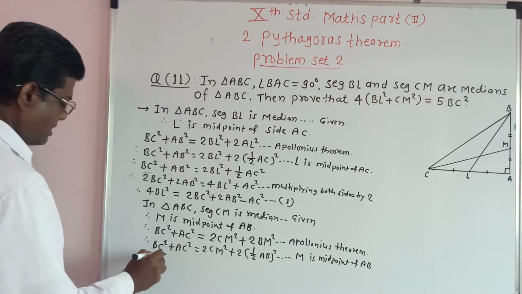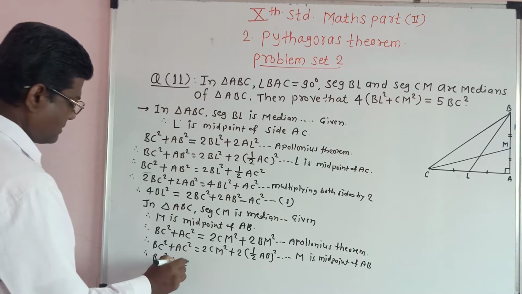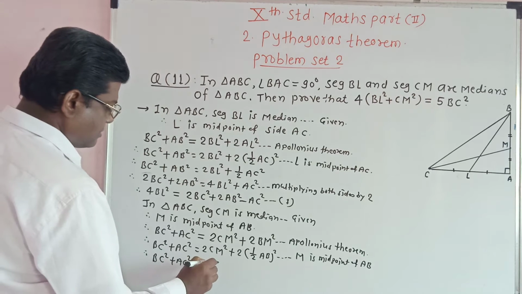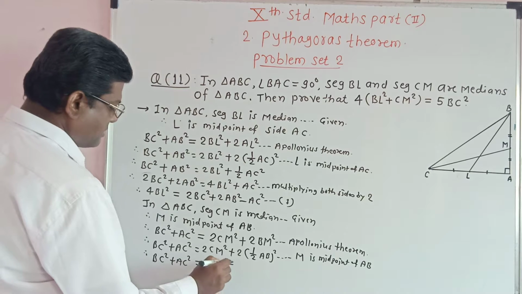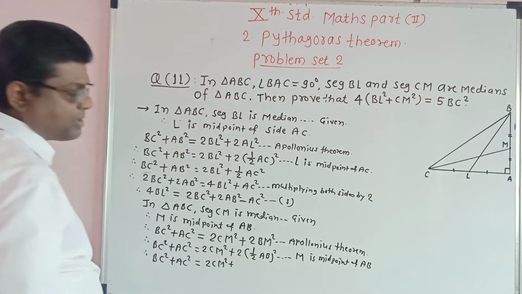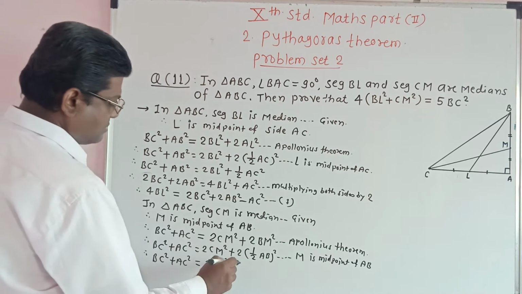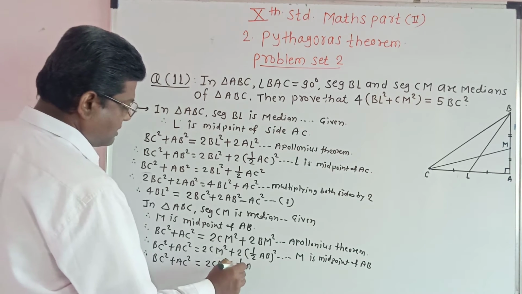Therefore, BC square plus AC square is equal to 2 into CM square plus 1/2 AB square, as 1/4 AB square into 2 is 1/2 AB square.